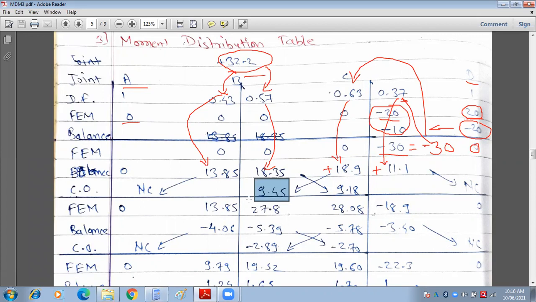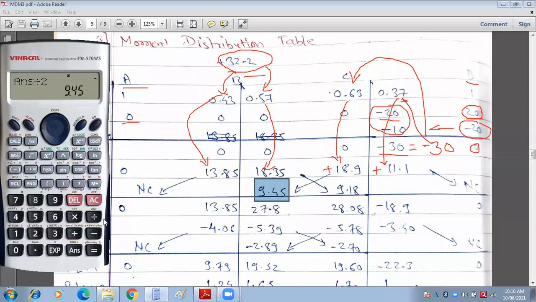The 50% of the moment is transferred to the far end. Now similarly, this 30 moment multiplied with 0.35, this is the distribution factor, we will get the moment.